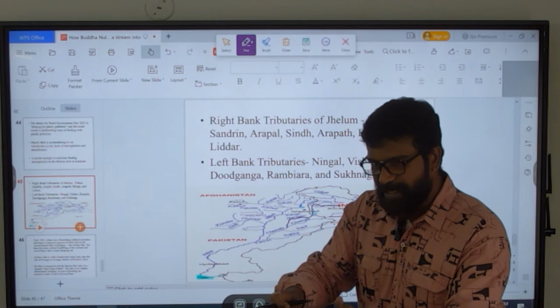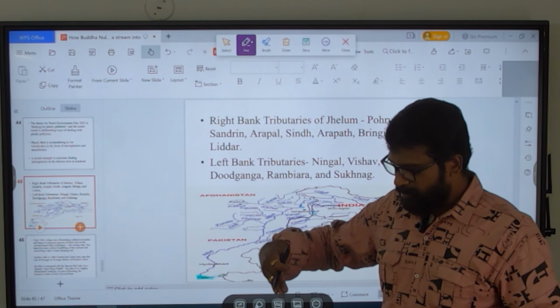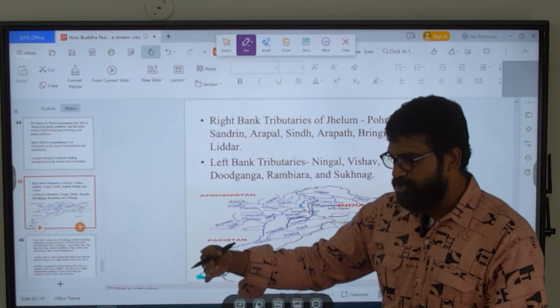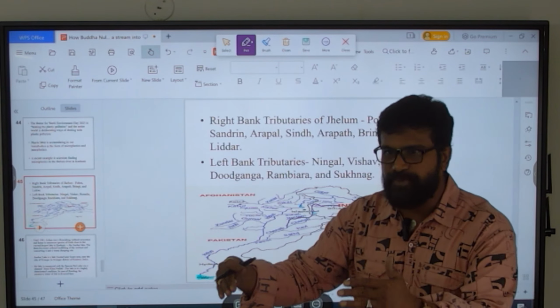If a river is flowing like this, and some rivers come and join that river, these rivers are called tributaries, right?